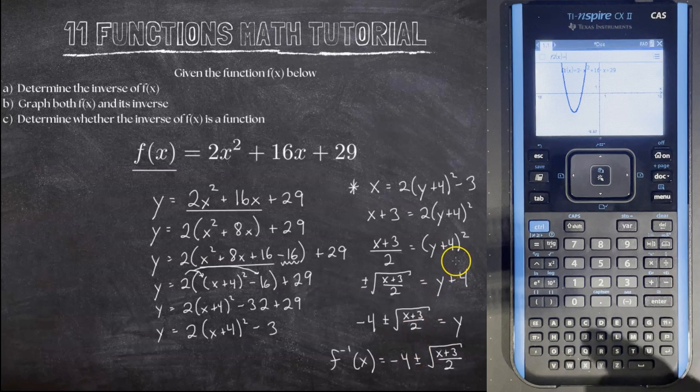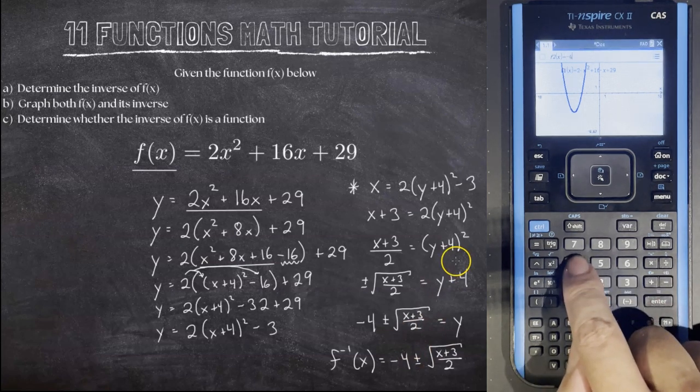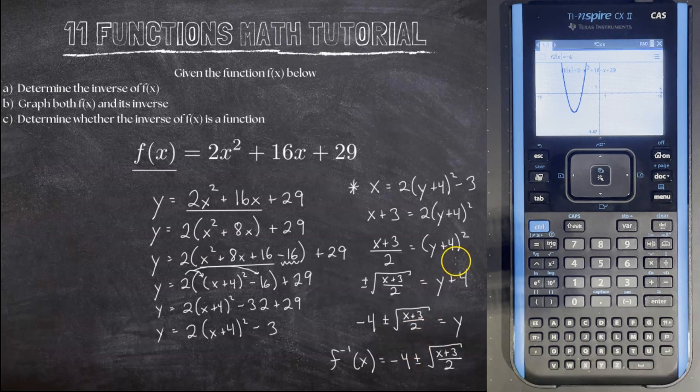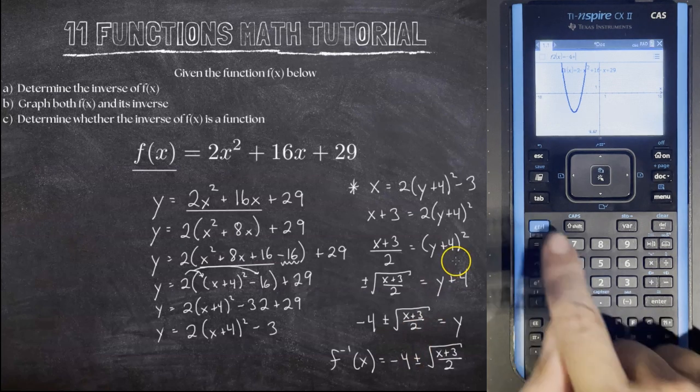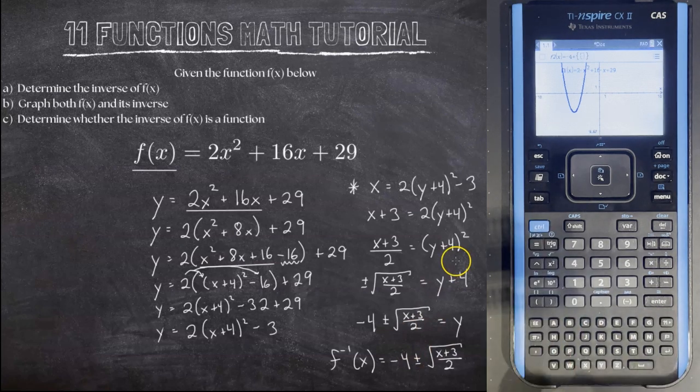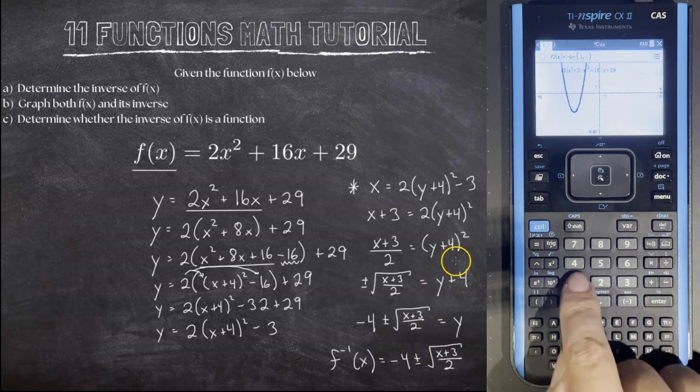So now we're going to input our inverse function. So we have negative 4. And then we have plus or minus. So I'm going to teach you how to do this on the calculator. This is going to be our lesson for the calculator today. It's a little bit tricky, but we're going to hit plus. Then you're going to use these curly brackets, and you're going to do 1 comma negative 1.